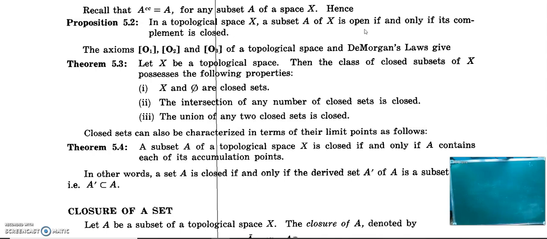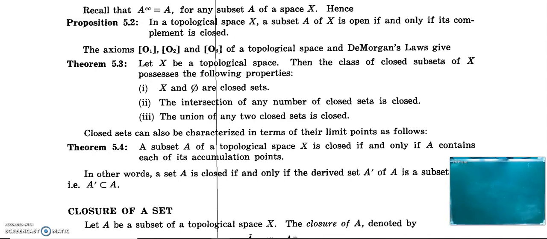So, how to prove this statement? In our previous definition, it states that a subset A is closed if and only if its complement is open. So, the other way here is a subset A of X is open if and only if its complement is closed. Now, let's have an outline of this proof.